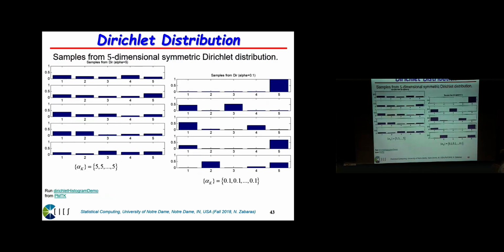You can see here, these are only a few samples, 5, so they are not necessarily representative, but if you look carefully, you will notice you get these big samples where mu k is equal to 1 and everything else is 0. You get this mu1 at significant value. Once in a while you get something in the middle, but more or less the mu k's are concentrated on the edges of the distribution. If you take alpha equal to 5, these are representative samples. Okay, this is how they look.